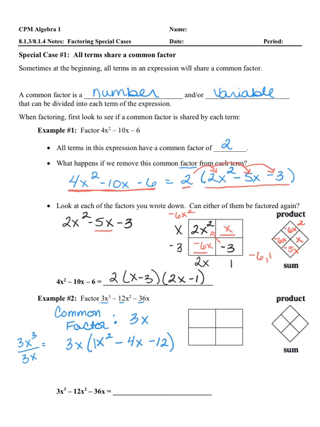Then take a look at the variables. We are pulling away one of the x's from each term. So x cubed, take away one of those x's, is x squared. x squared, take away an x, is just x. And x, taking away a power of x, removes all of the x's from that term.